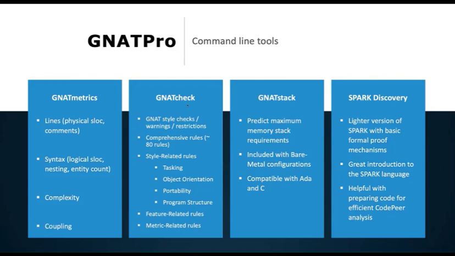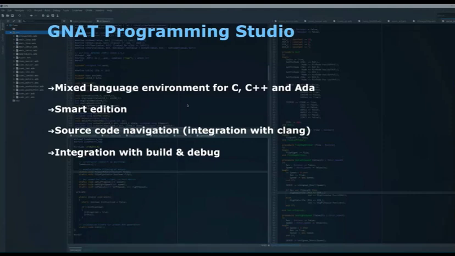All of these tools, so the compiler, the debugger, the linker, all of the GNAT metrics, check, stack, and the Spark Discovery here, can all be used from GPS, or the GNAT Programming Studio. This is the AdaCore IDE, or integrated development environment. All of our tools are command line, meaning you can run them from the command line.